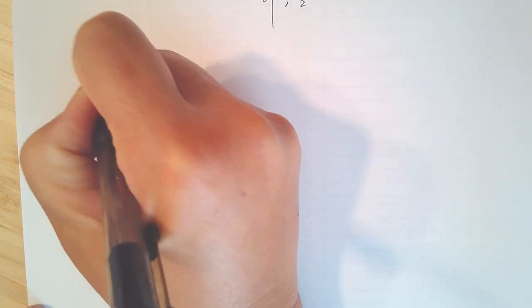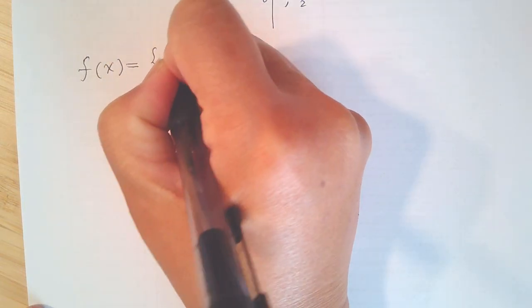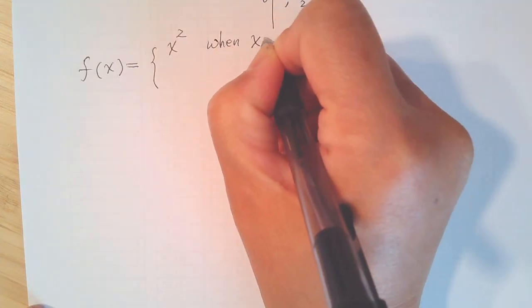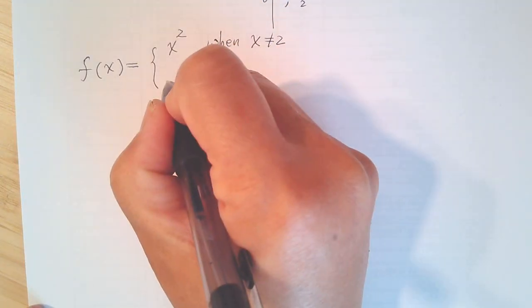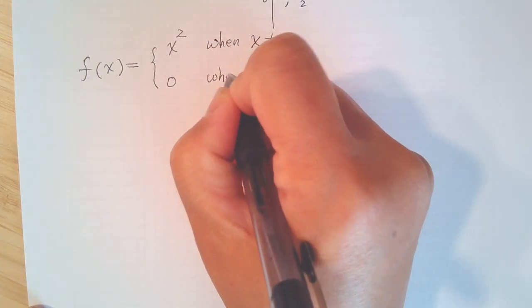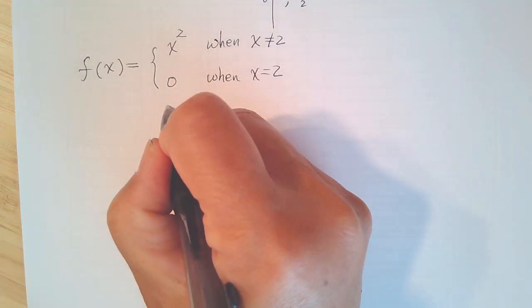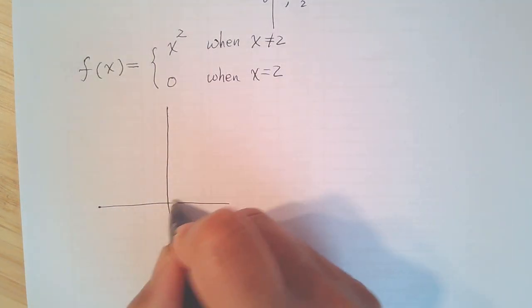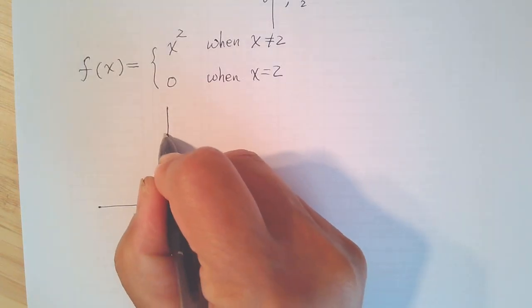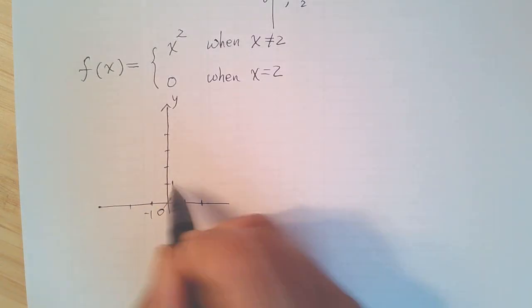Now I give you another function as an example. f of x equals x squared when x is not 2, and it's 0 when x equals 2. If this is the case, the graph will look like this. This is 0, 1, 2, and 1, 2, 3, 4 on y, and here's negative 1, negative 2.